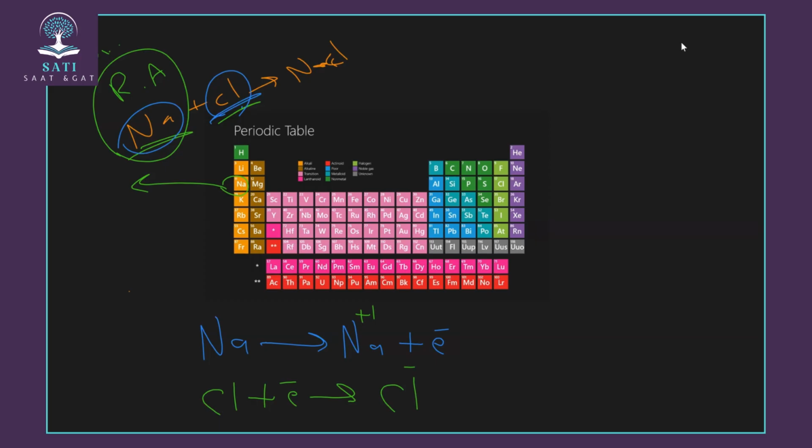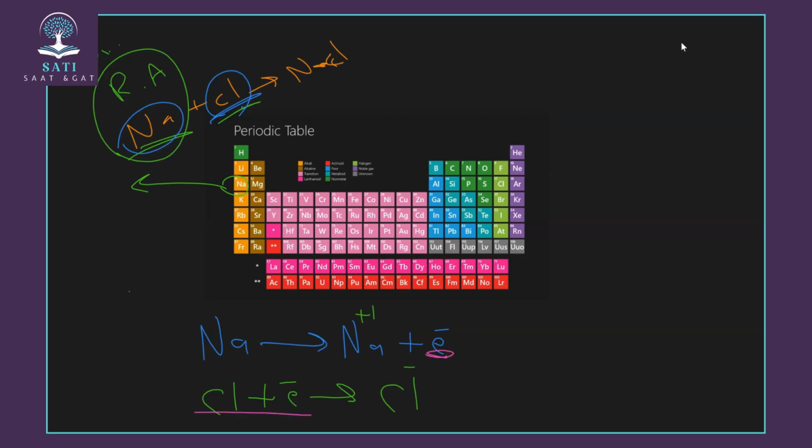This process we call the oxidation process, and in the oxidation process you are going to see the electrons on the right side. That means it is losing electrons, and losing electrons will be on the right side of the equation.